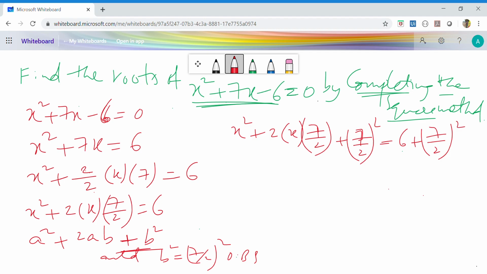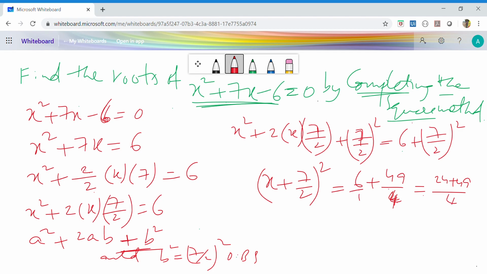Now the LHS is completely in the form of a complete square. So a square plus 2ab plus b square can be written as x plus 7 by 2 whole square, equal to 6 plus 49 by 4, that is 24 plus 49 by 4, by taking the LCM.